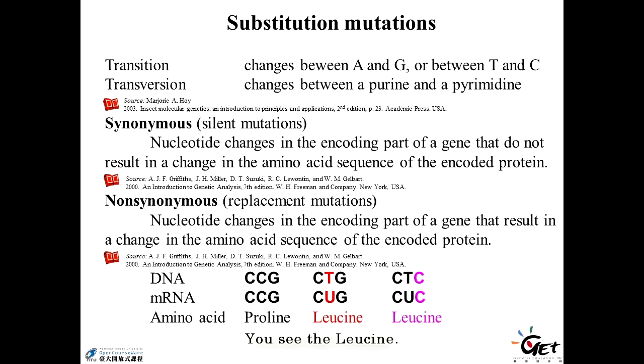You see leucine. Then from leucine to the last codon, they change at the third position and it doesn't change the amino acid, so it's still leucine, right? For the first two columns, if it changes from proline to leucine, that's the non-synonymous change, or a replacement. And if from leucine to leucine, although the sequence changes at the third position of this particular codon, the amino acid is still the same. So that's the synonymous change or silent mutation.